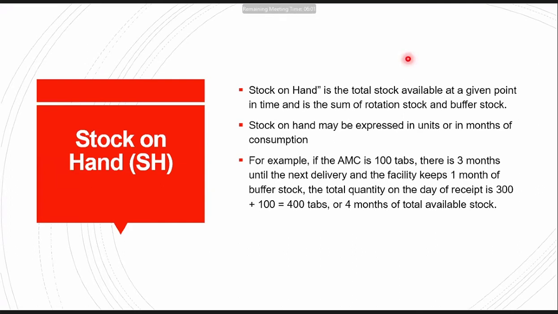You receive a product in 3 months and you know how much you use per month. Now to account for those 3 months, when you are ordering, you have to factor it into your order quantity. And that's what you call the rotation stock. Okay, we'll look at the calculations. We'll explain that in detail.